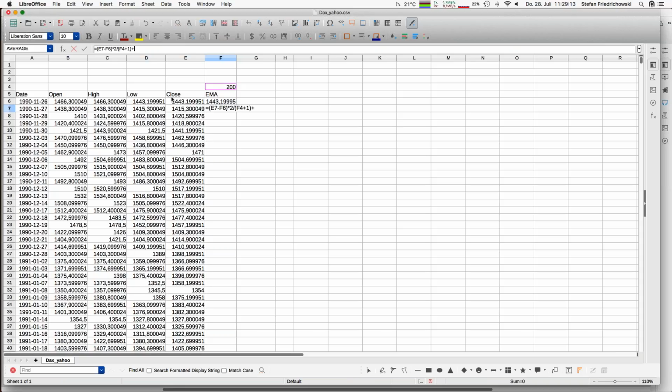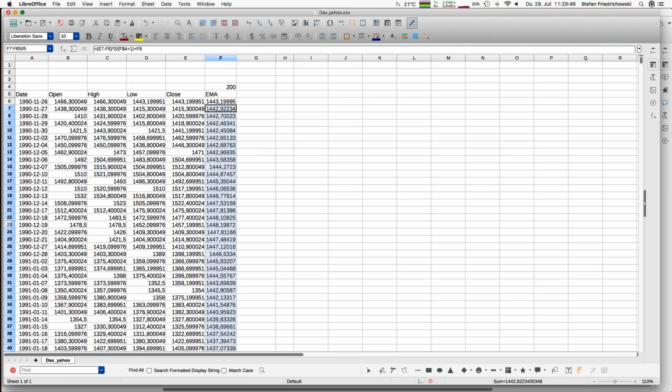And this once again plus the previous EMA. Since I now want to use the functionality of Excel to fill downwards, we have to be careful, because in this case we need a $ sign in front of F4, so that it is not shifted, and it's always the value of that cell, this F4 cell, with the period for our EMA.